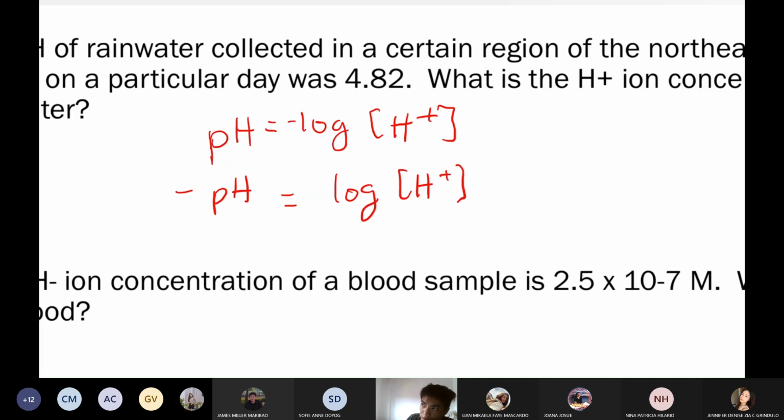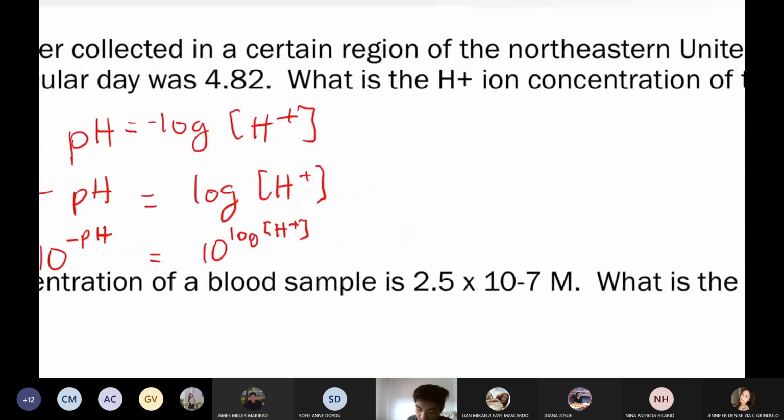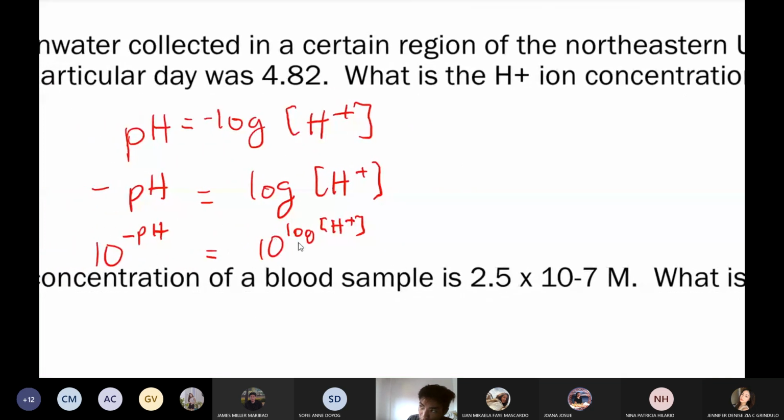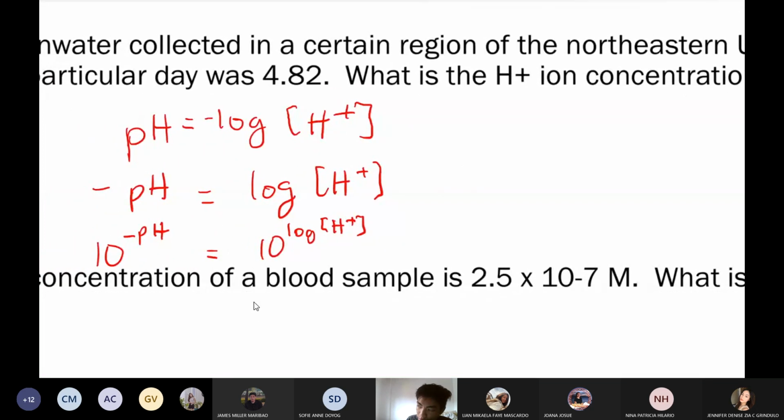So basically, itong dalawa, gagawin natin siyang exponent ng 10. So we have 10 raised to negative pH equals 10 raised to log ng H plus. What happens is that yung 10 pati yung log, they will cancel out each other, leaving us the concentration of H plus. So matitira na lang concentration ng H plus. So yan, so the concentration of H plus will be equal to 10 raised to negative pH.